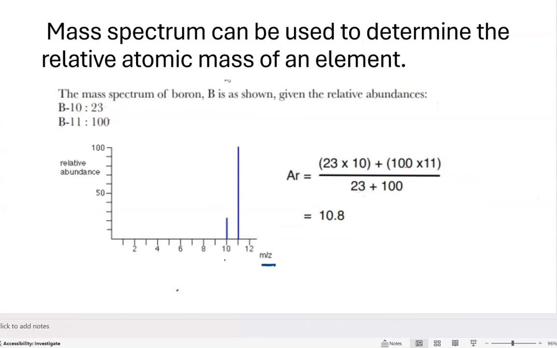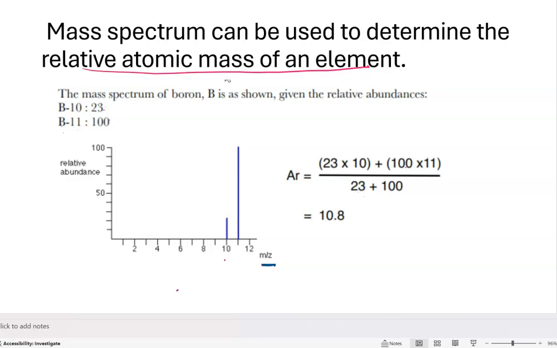As I said earlier, mass spectrum can be used to determine the relative atomic mass of an element. The mass spectrum of boron is shown here, giving the relative abundances. Boron isotope 10 has relative abundance 23, boron isotope 11 has relative abundance 100.